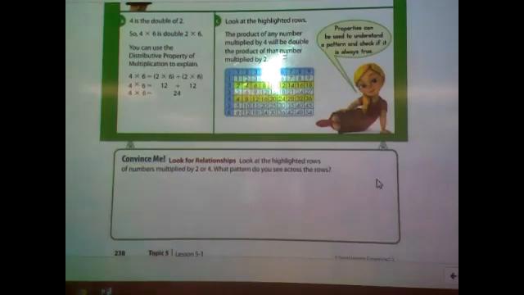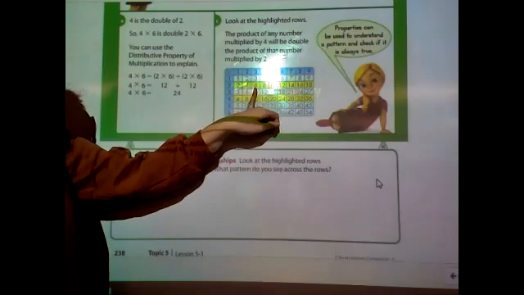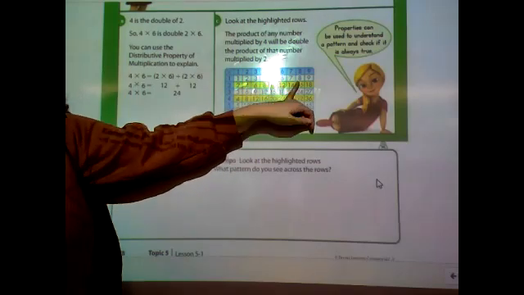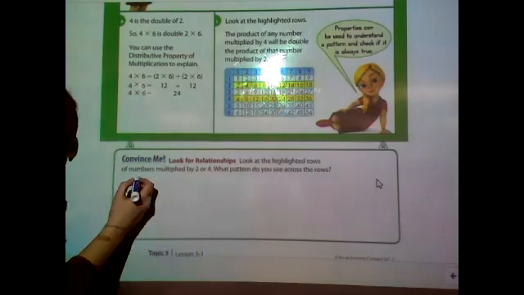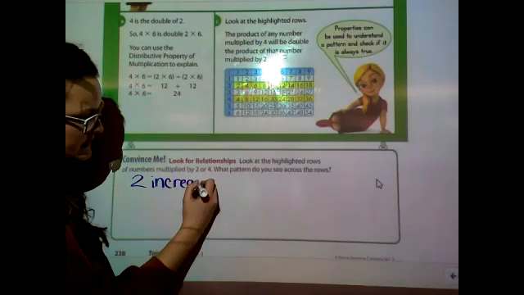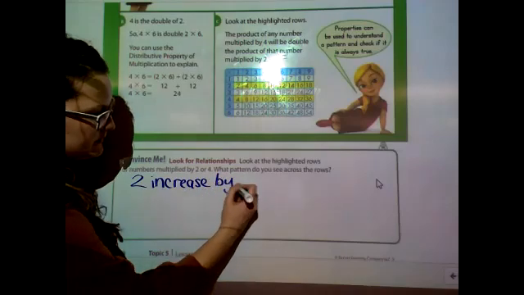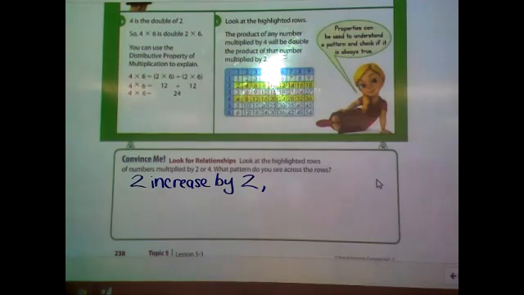Well, if we look at the 2s row, they keep increasing by 2. 2, 4, 6, 8, 10, 12. So the 2s increase by 2, and the 4s, they increase by 4.